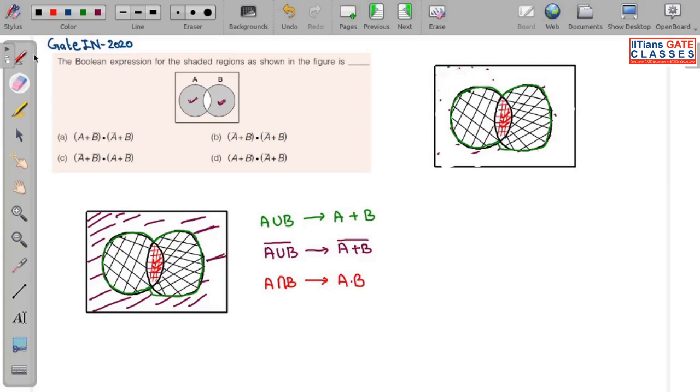Now let me ask you, this portion excluding this one, what will it be? It will be A, this is complete A, intersection B bar.